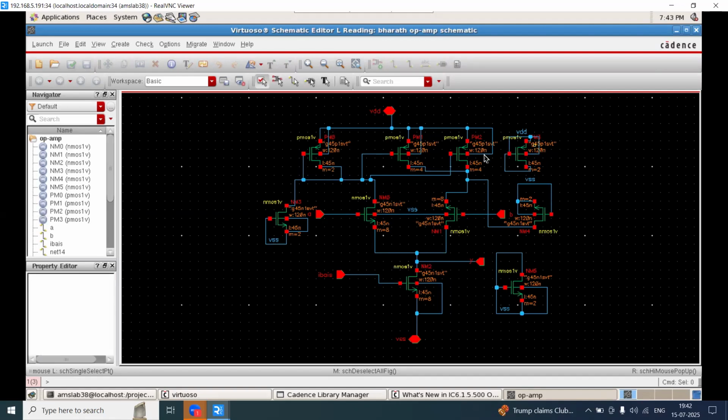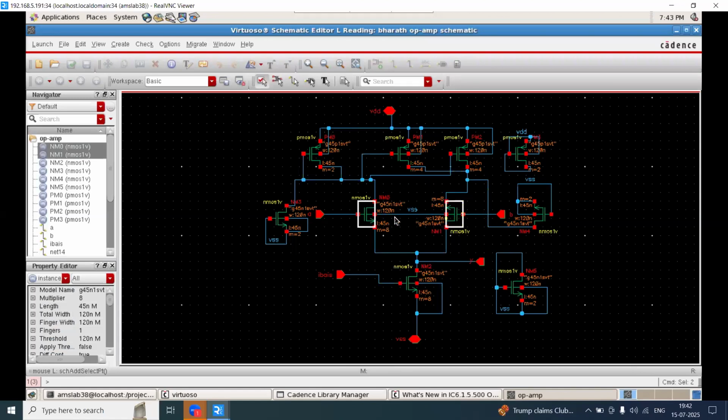Downside we have the diff pair. This is one input and this is another input, input A and input B. I am considering Vn plus and Vn minus like that, just given to make you understand.